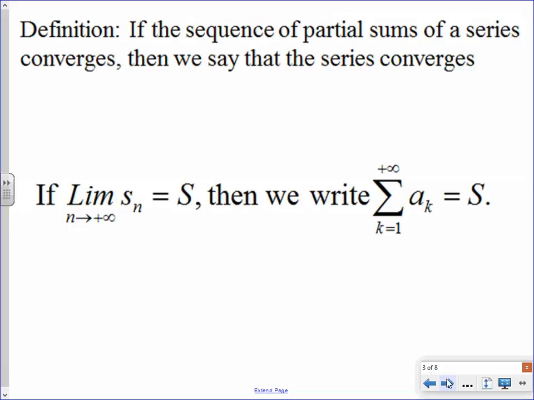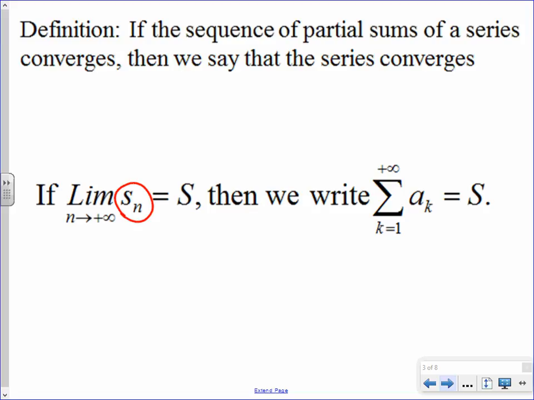So our first definition, and really I would just write what's down below: if we can find the limit of our sum, then we can say that infinite sum is that value. Now notice how this is S sub n and not A sub n.